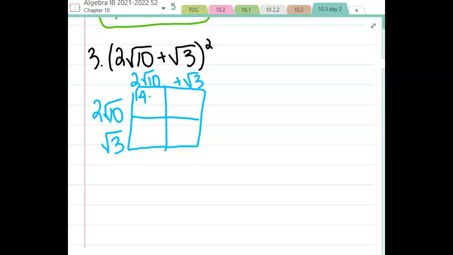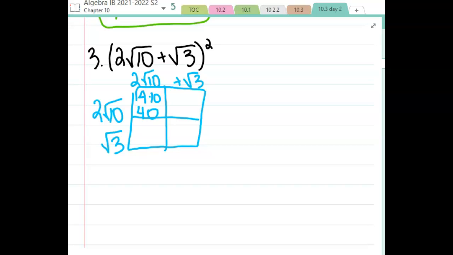The square root of 100, which is 10. So for that box, 2 times 2 is 4, but the square root of 10 times the square root of 10 just gives me 10. So you're actually taking 4 times 10, which is 40. That's why I like the box method, because you can take it slow like that.